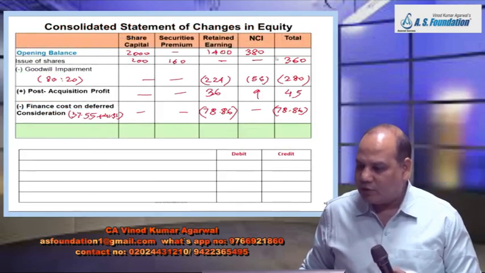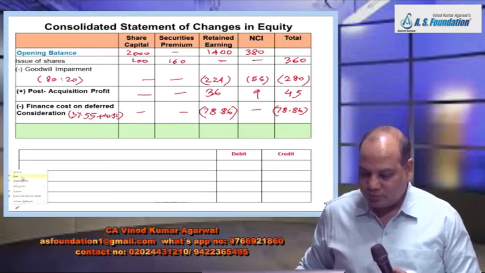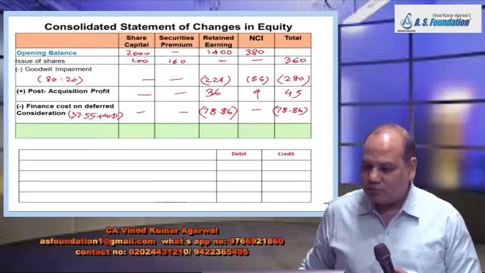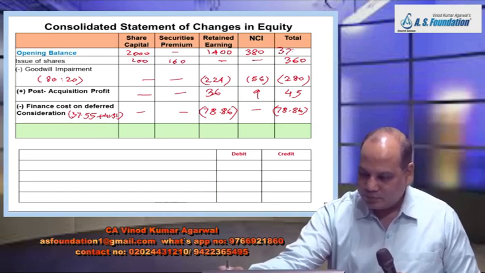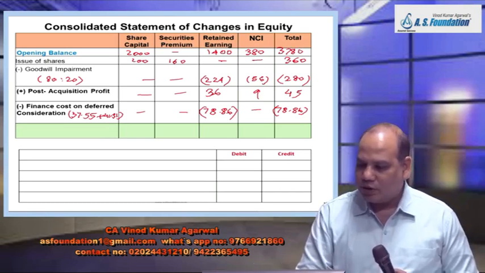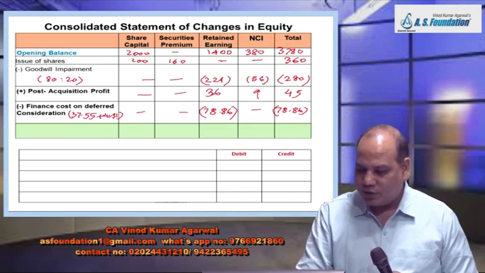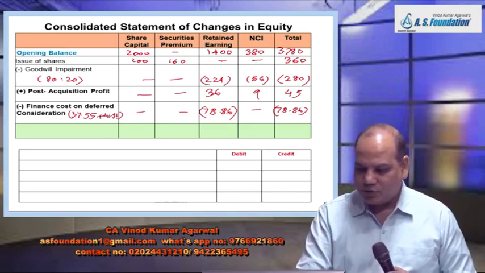First, opening balance line total. Individual line total 2000 plus 1400 plus 380. Yes. Issue of share line 360, goodwill 280, post acquisition 45, finance cost 78.76.